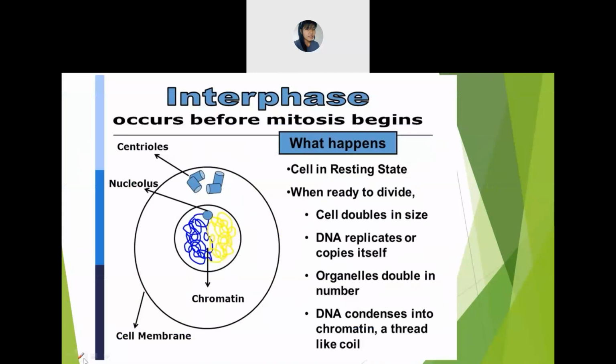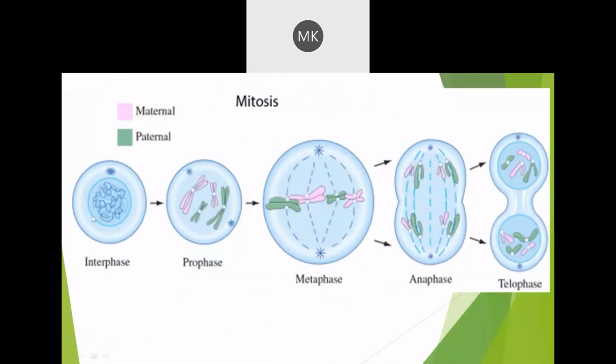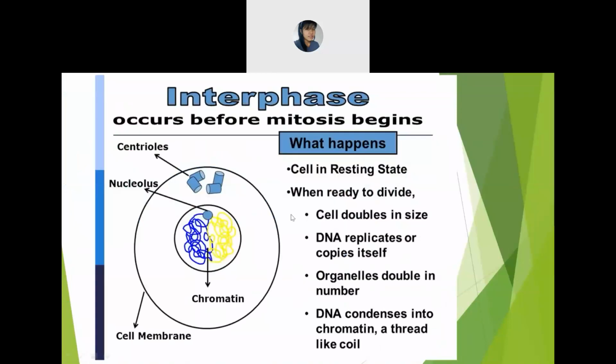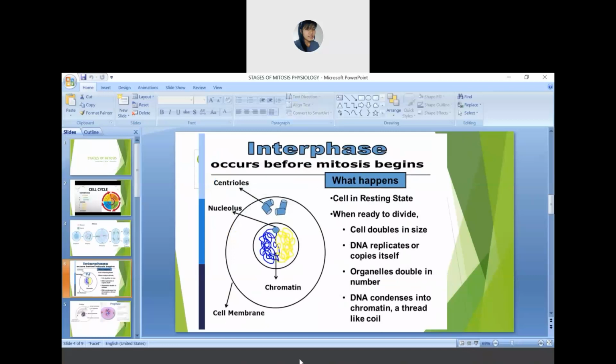Okay, so this is the first phase in the M phase, that is in the mitosis or else the mitotic. Okay, interphase. Let us discuss about this. Oh wait, something is happening. Wait, let me just try to fix it. Can you still see the screen?